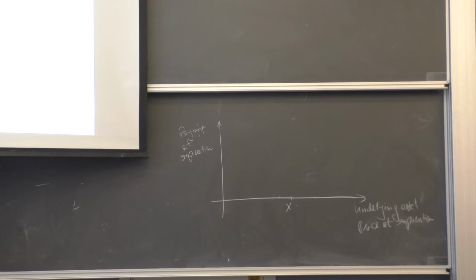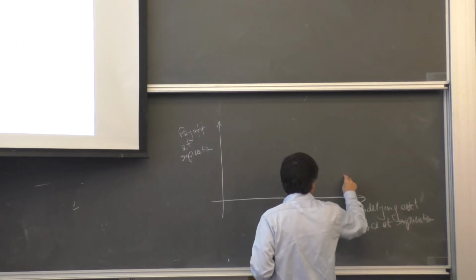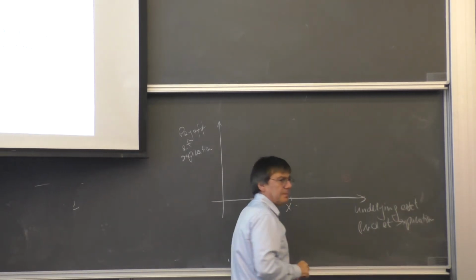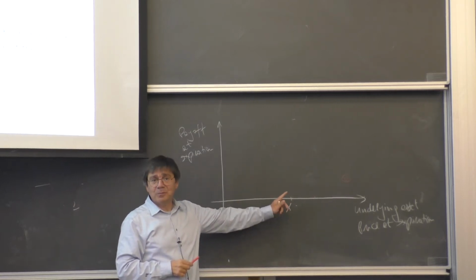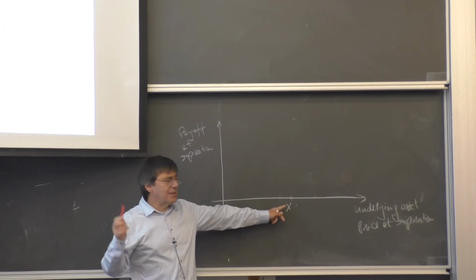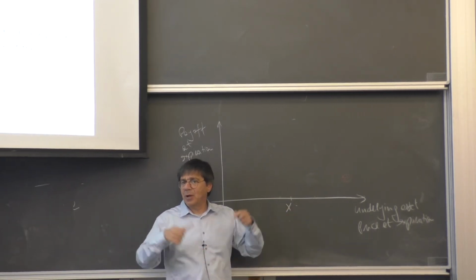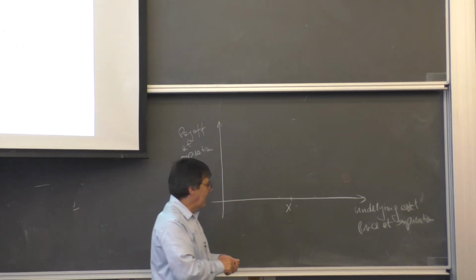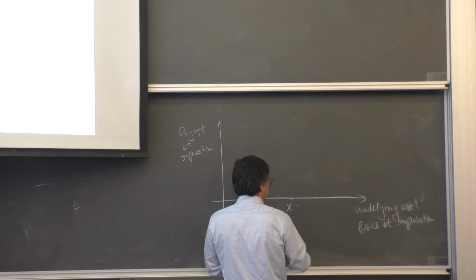We are happy. Why are we happy? We can go to whoever issued this piece of paper and say, I have the right to buy this stuff for X. Everyone else is buying and selling this for more than X. I can buy it for X. So I buy it for X, and then I sell it for this much, and I make a nice little profit.